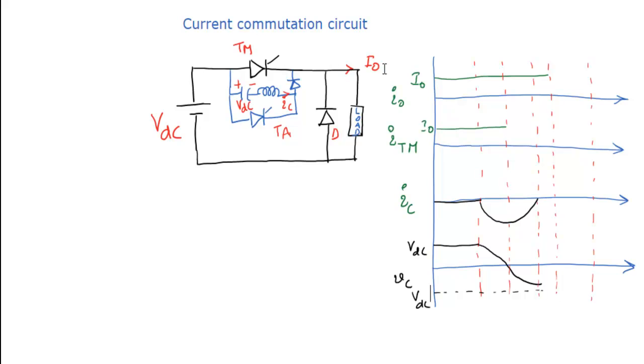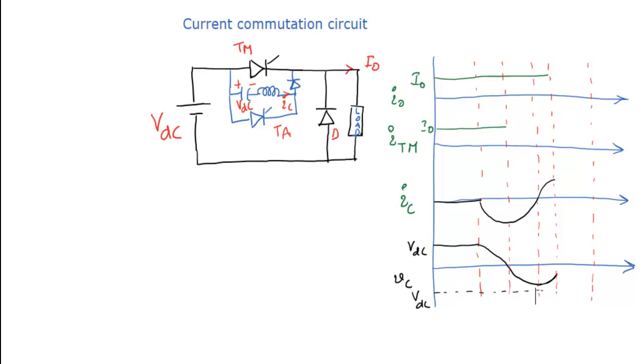In that case, the load current I0 will be supplied by both, the sum of the source current and the capacitor current. That's why in this duration the capacitor current follows the sine wave and slowly reaches I0, while the voltage follows the cosine wave, because of the 90-degree phase shift.